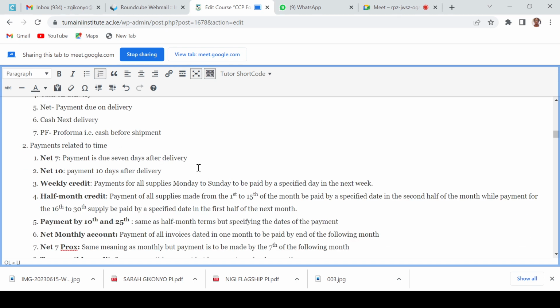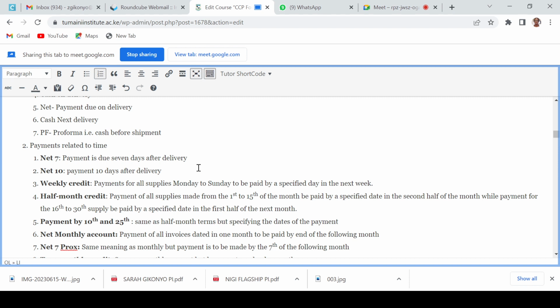So payments related to time. Hapa ndio kuna kuanga na mambo mingi. Payments related, after all it is credit facility. It's not about cash. So when you are dealing with now credit, we are talking about payments related to time. That is the period being offered. So utapata net 7. When I talk about net 7, it can be net 7, net 10, net 30, net 60, net.